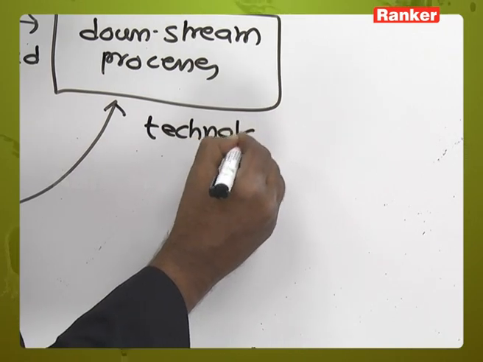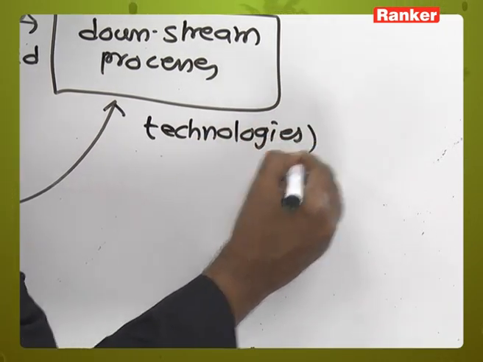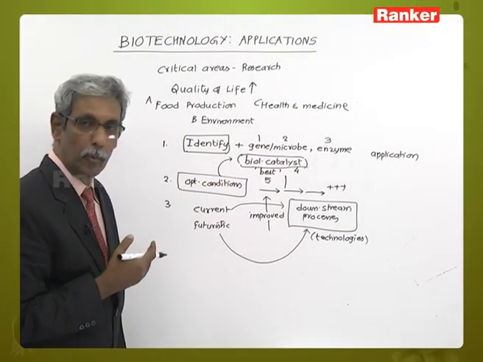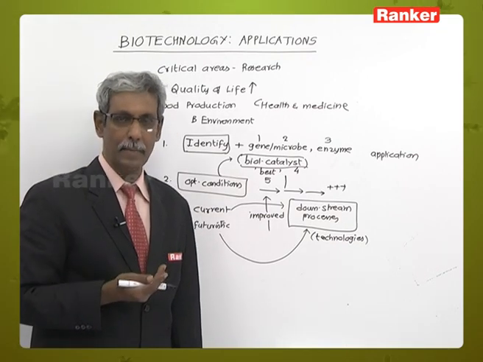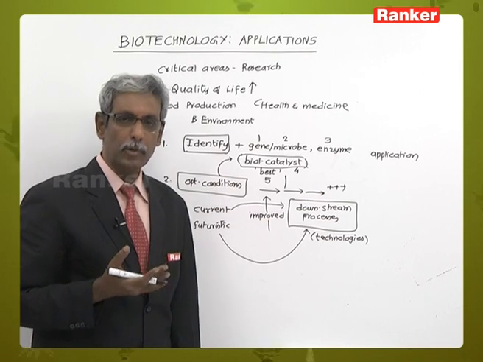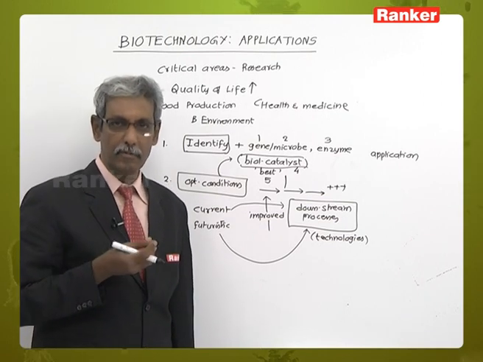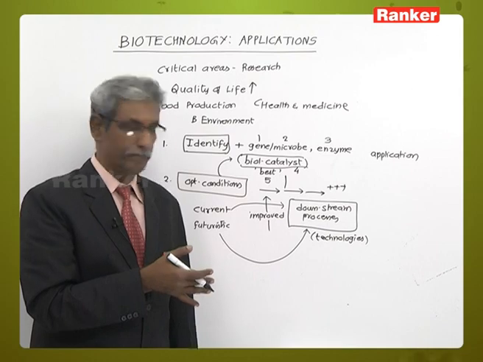Primarily, how are we improving the downstream processes or the downstream technologies? We are again looking at the big picture of the technologies. How can we improve the fermentation of insulin, the fermentation of an enzyme? How can we improve the quality of a particular food which is enriched with vitamin A in a bioreactor?